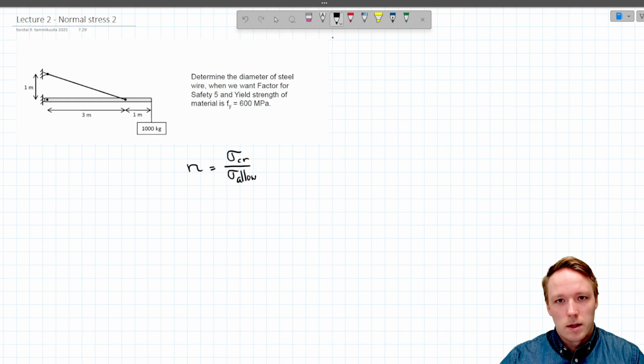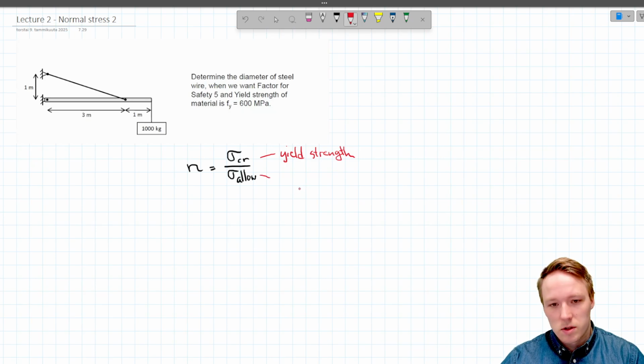In this case, this is again the yield strength of the material, so the wire in this case, and this is the maximum stress in structure.